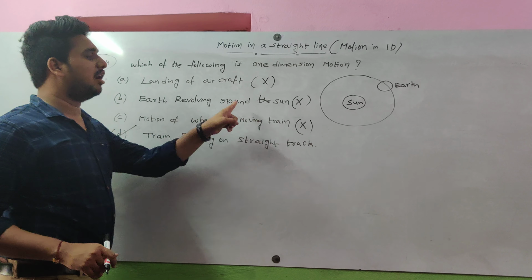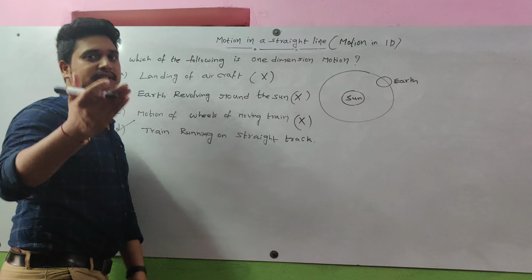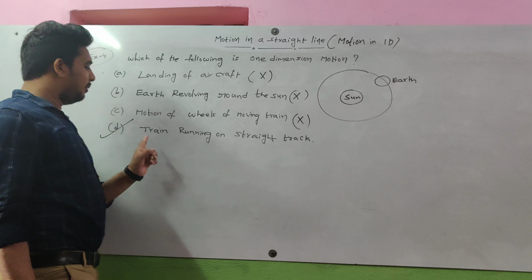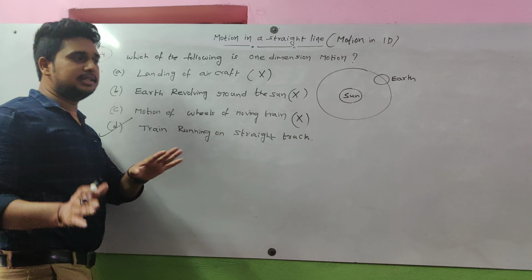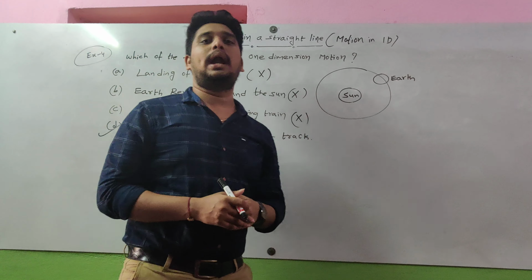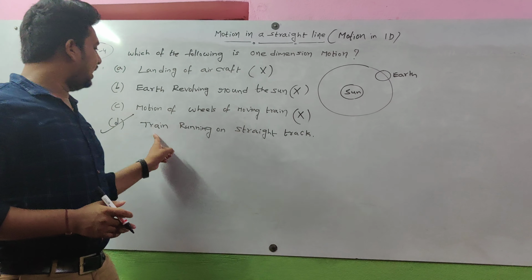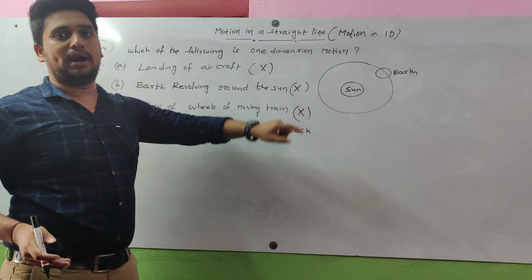The motion of wheels of a moving train is also circular motion, not motion in one dimension. Fourth option, train running on a straight track, belongs to one dimension. So the correct option is train running on a straight track. It belongs to motion in one dimension.